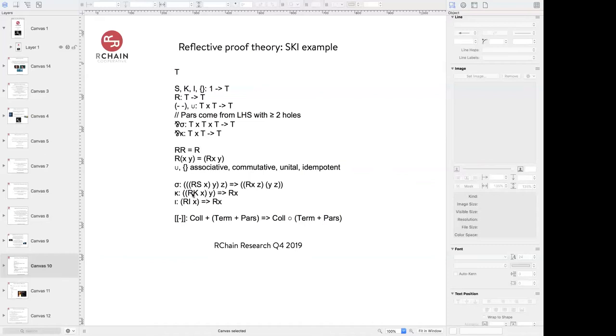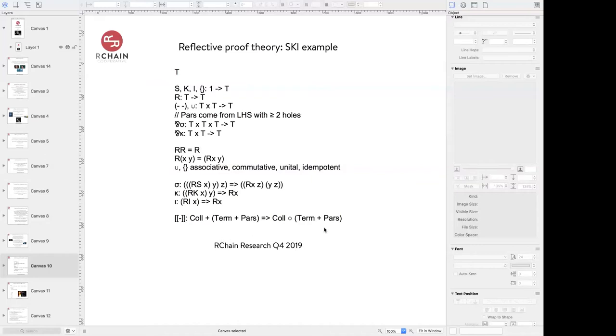That's the K operator. And then it's easy to, so now our interpretation function combines the collection with the term combined with pars, and then it takes that over to composing the collection with the term combined with pars.